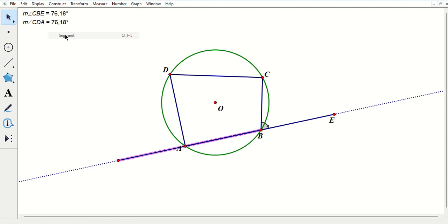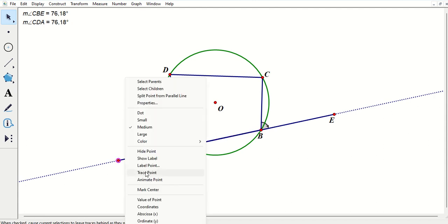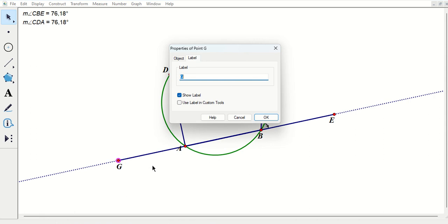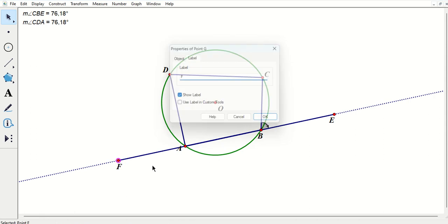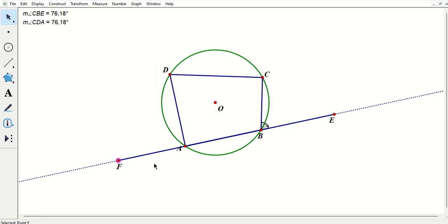So I construct a segment, and I'm going to label this point as F. Here's F, and I want to see if the relationship still is the same.